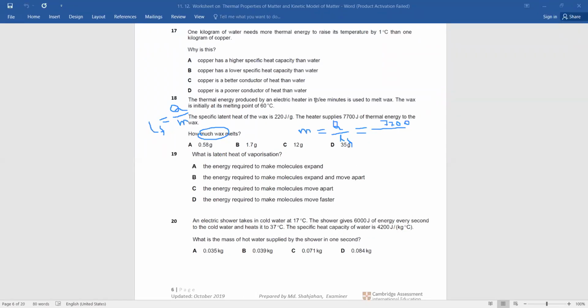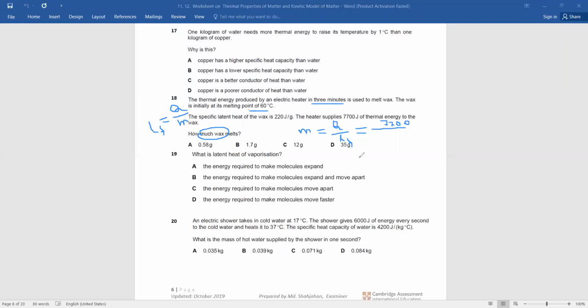And you see the other information given here, 3 minutes, 60 degrees, is to make you confused, right? At the beginning you were confused about which formula to use, the specific heat capacity formula or the specific latent heat formula. Because they gave the temperature, you thought that if there is temperature, delta theta is working. So be careful.